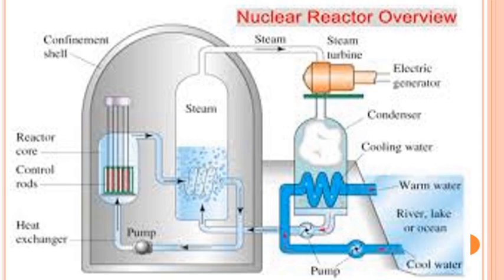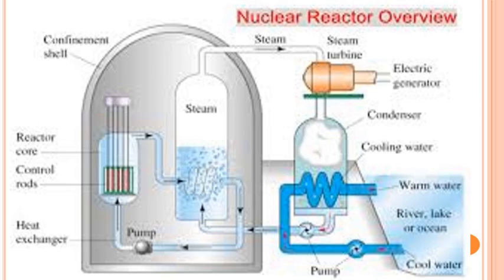In the lower part, you can see the cool water coming from river or lake or ocean, which act as a coolant to remove the heat. And the whole main apparatus is shielded in a confinement shell. So this is an overview of a nuclear reactor.